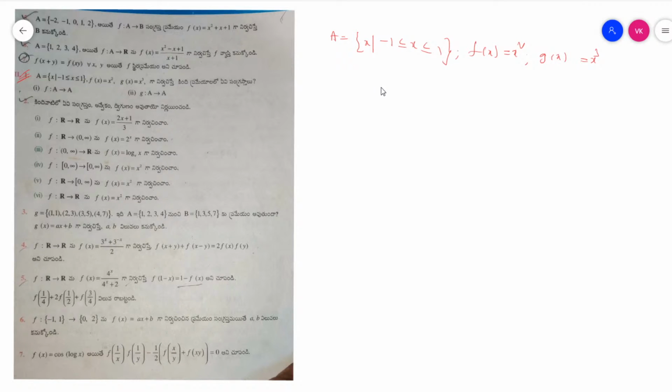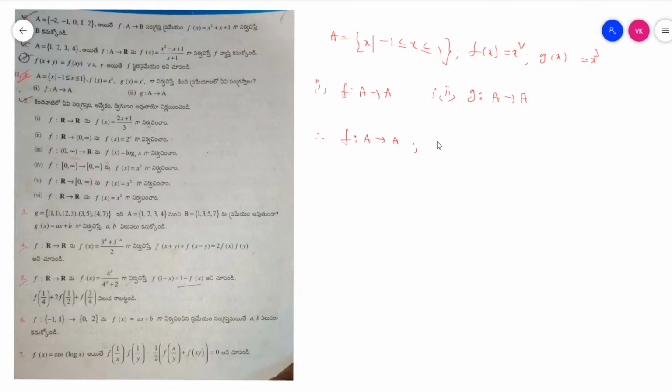Find which of the given functions are surjections. We have to prove whether f maps A to A is a surjection, and whether g maps A to A is a surjection. Let us first check whether they are surjections or not. Then we can write f maps A to A.